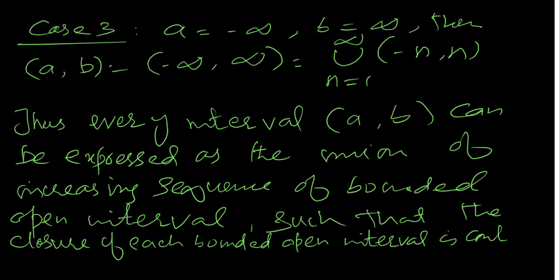Because here y is greater than x naught, and for f of x naught minus, x is less than x naught. So for this set x is here, and for the other set y is here. That means x is less than y always. So in other words, f of x is always less than f of y. So values in this set are always less or equal to the values in this set.